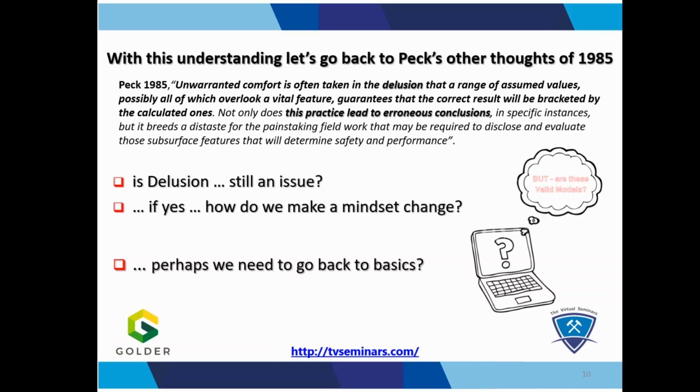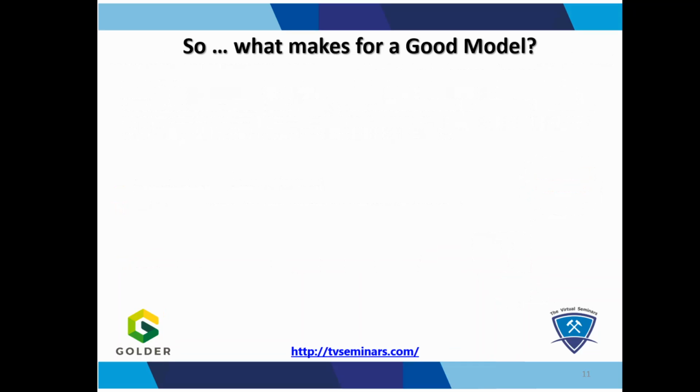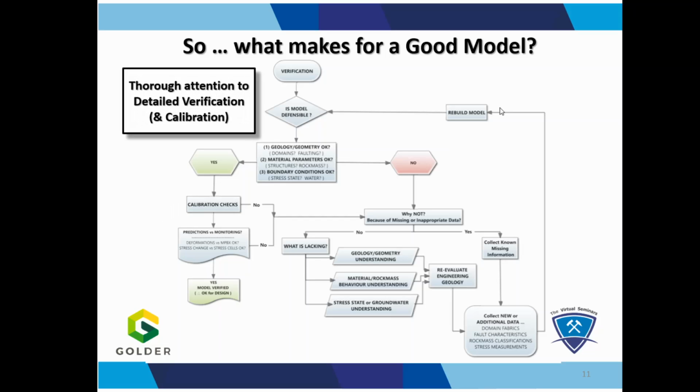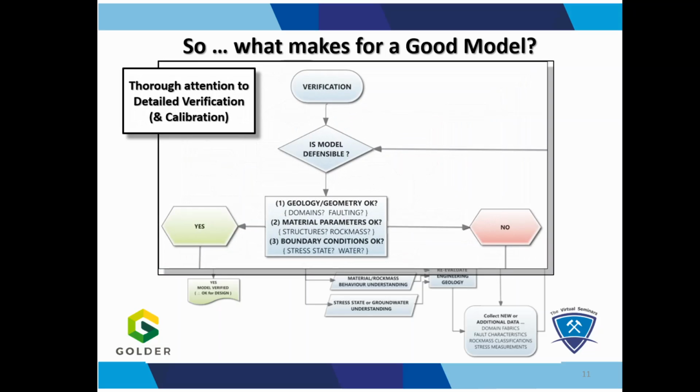So perhaps we need to go back to some basics. So what makes for a good model? This looks like a complicated flowchart, but in reality it's quite simple. Attention to detailed verification and calibration is critical. So verification is where we need to start our thinking and check, is the model defensible? Are the geology and geometry, the boundary conditions, okay?